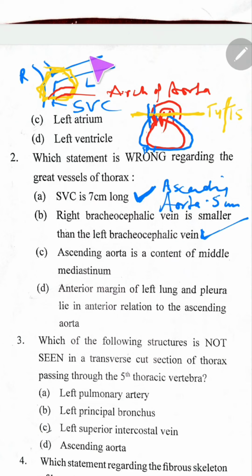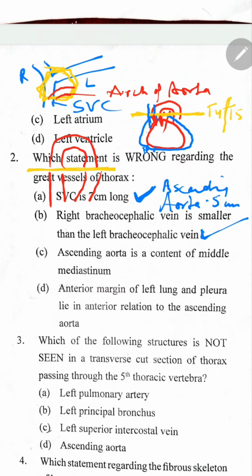For your remembrance, this is going to be long, but I'm making this video for the long term. Remember this sternal angle: it's the ascending aorta, then it arches like this, and then it descends like this, right?